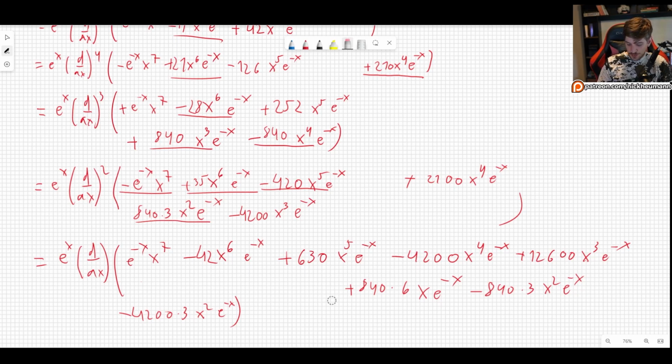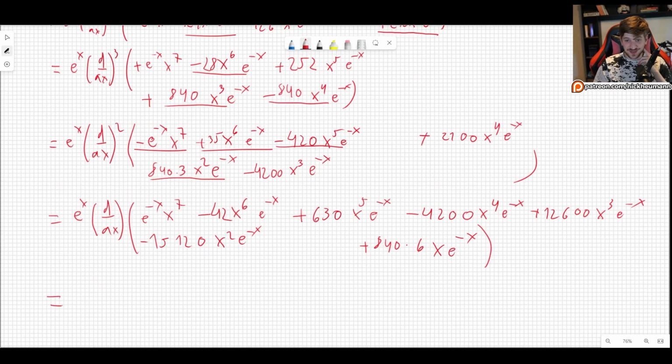So then we have 3 times 840 plus 4,200 times 3. So that is 15,120. And that is, of course, x squared, and with a negative, so minus this x squared e to the minus x. And finally, well, that other term. So now we have just one more derivative to clear.